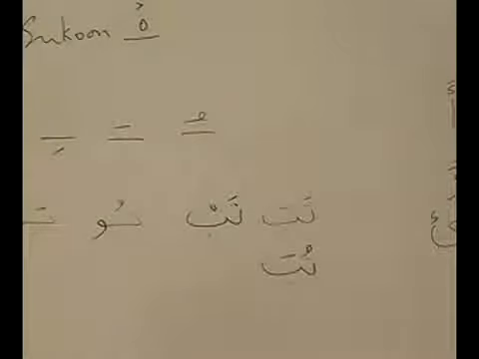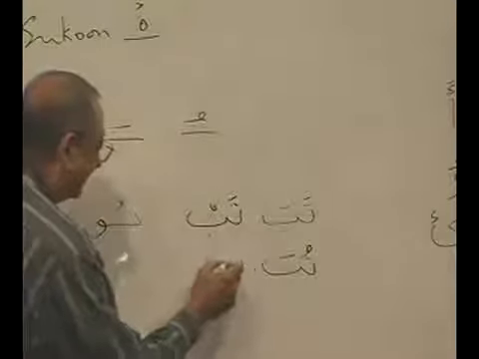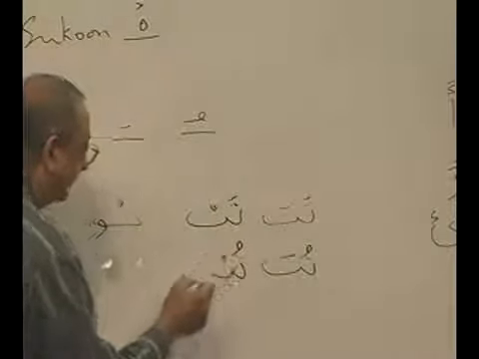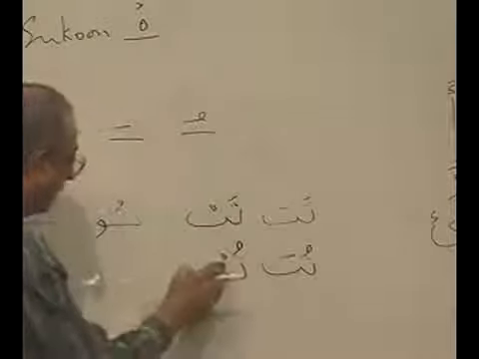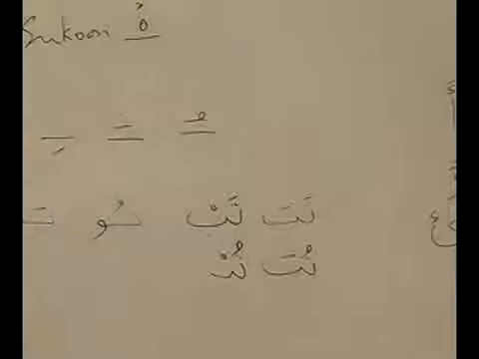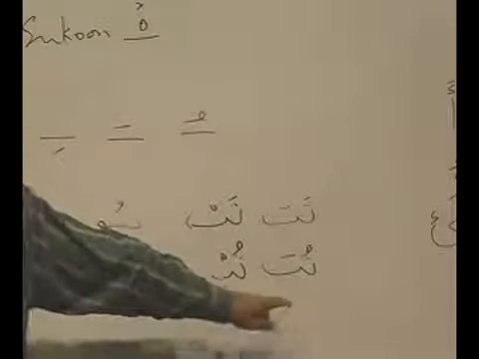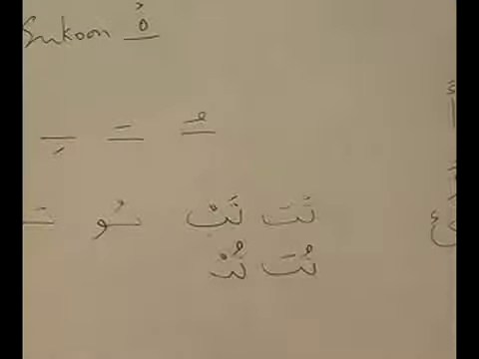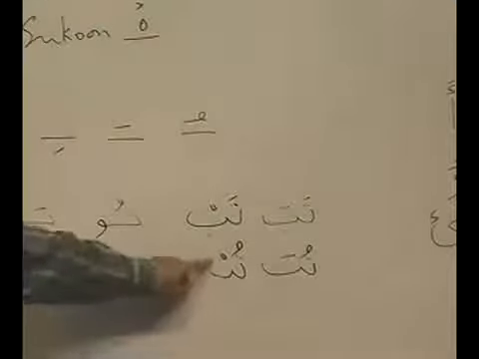See how you pronounce ba? Tab. Okay. Now if I say like this, what is it now, brothers and sisters? Tub. Here it was tuba, and here it is tub. So there is a sukoon on ba.